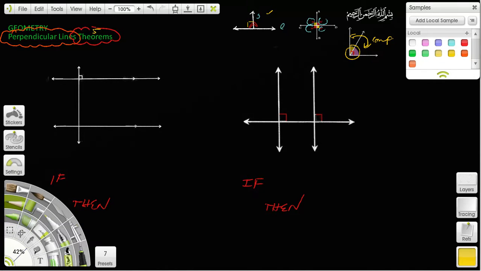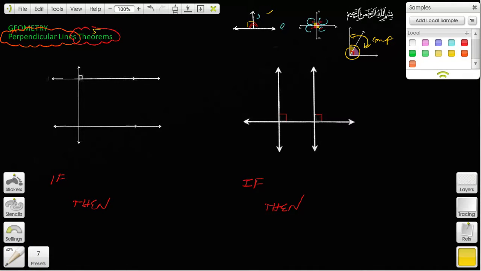To complement that knowledge, we have these last two theorems. And if you notice in these last two theorems, we have two lines, and it seems like a transversal type of thing, and that's precisely what they are about.